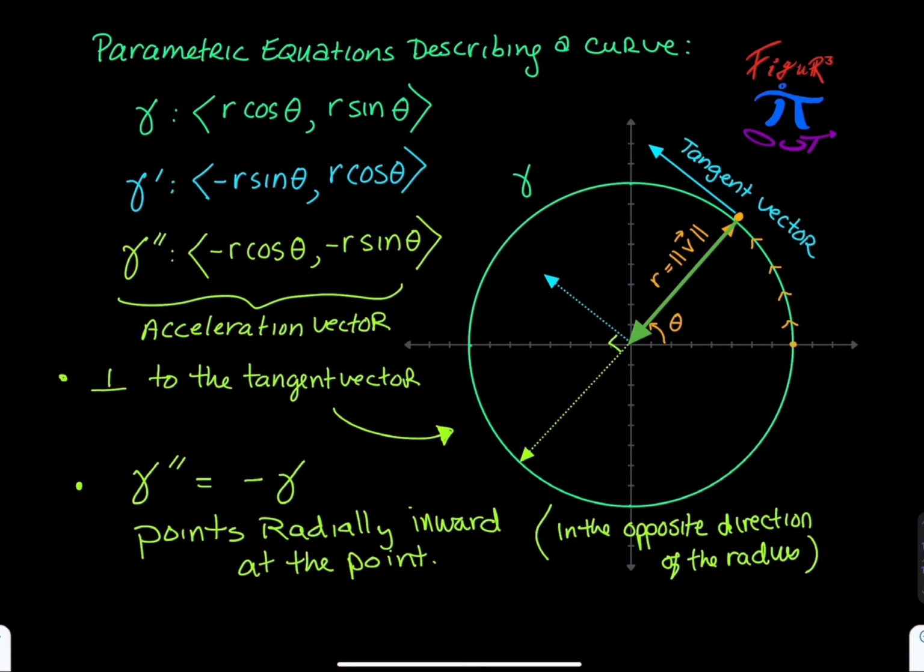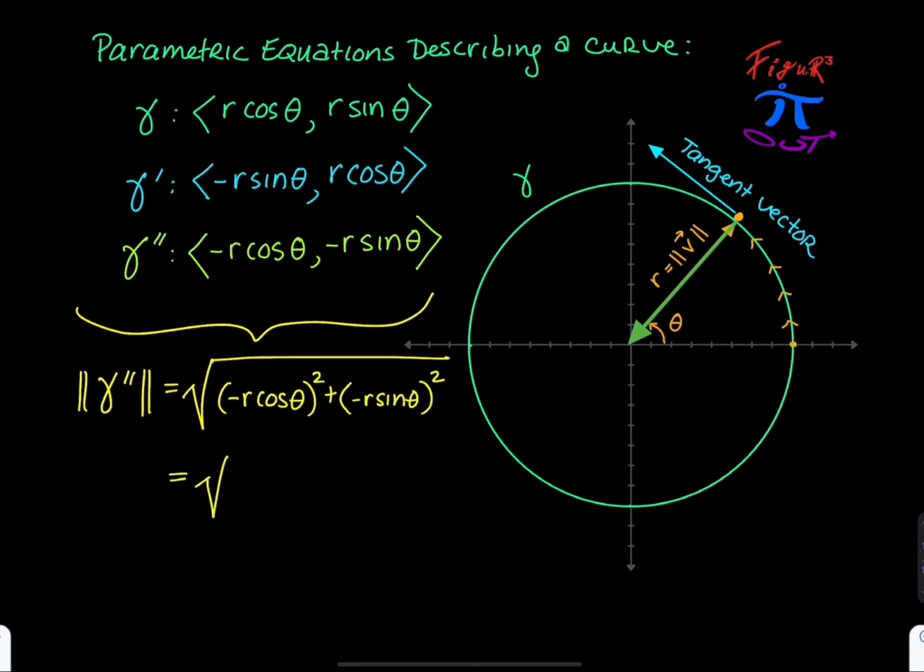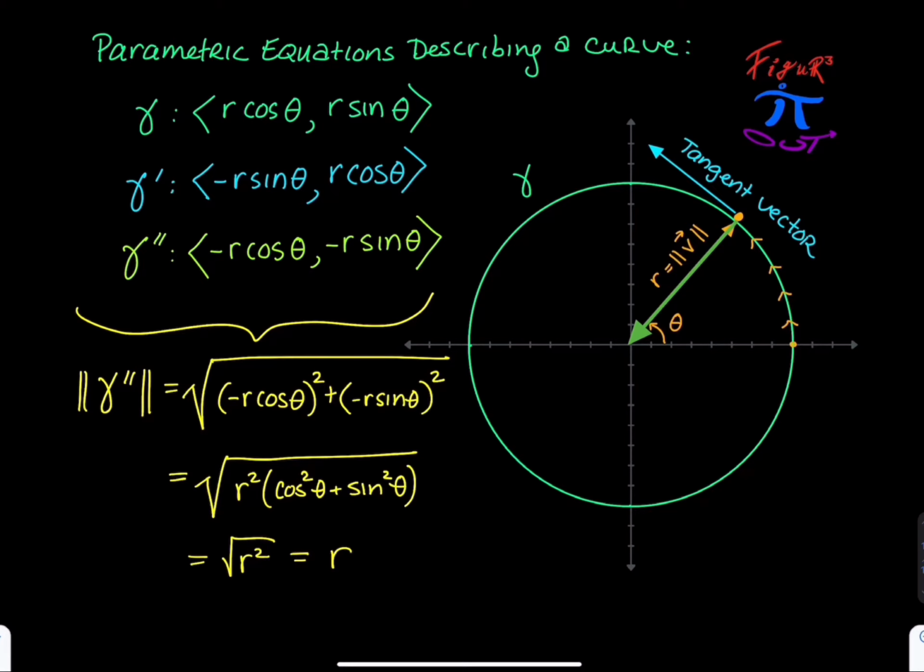That is an instance of measuring the curvature of that curve. Since we have a curve, it pulls away from a straight line. The length of that acceleration vector, since it's a vector, we can find using the length formula. And once we work out the details, we see that the length of the acceleration vector is the same as the length of the radius, as we should have expected.